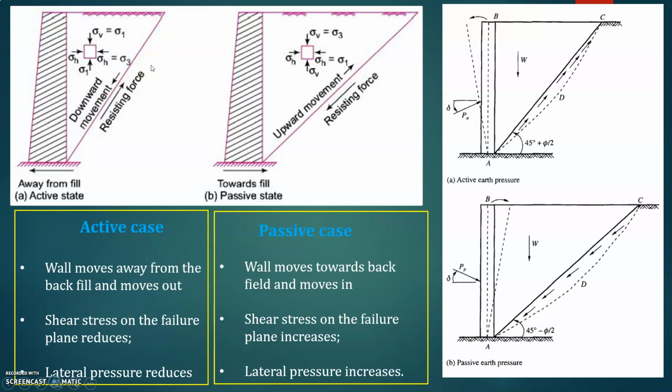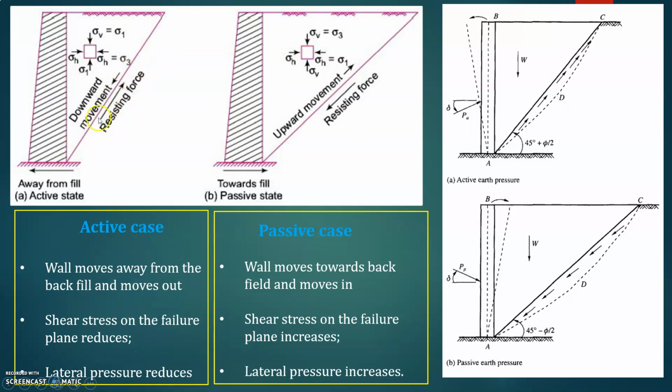Okay, so here further expansion will cause shear failure of the soil, in which the sliding of the failure wedge tends to move in the forward and downward direction. You can see here, shear failure of the soil happens, which moves in the forward and downward direction. So the resisting force is developed due to the shear strength of the soil in the upward direction along the failure plane.